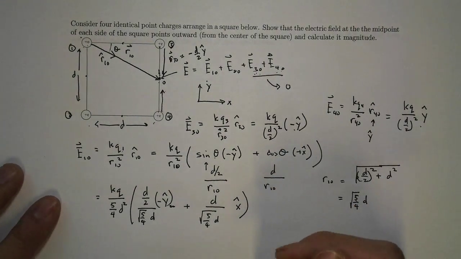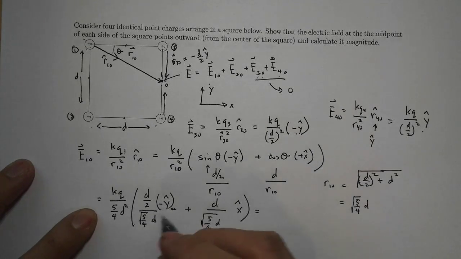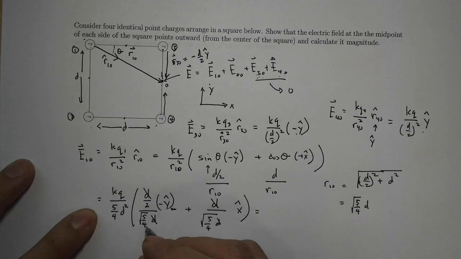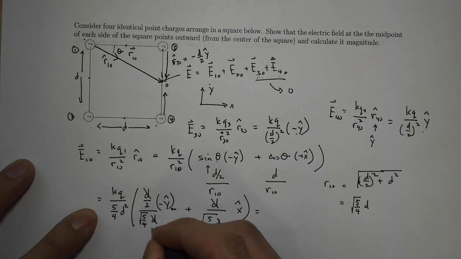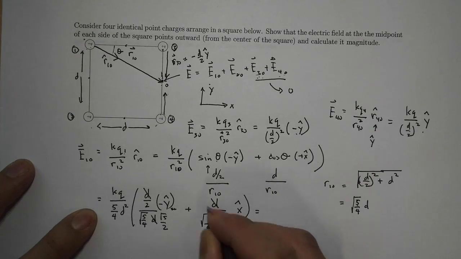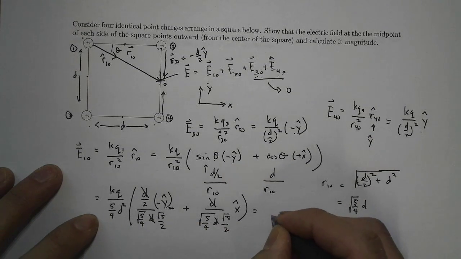If I simplify this all together, the d's will kill each other. This becomes the square root of 5/2, and this also becomes the square root of 5/2.